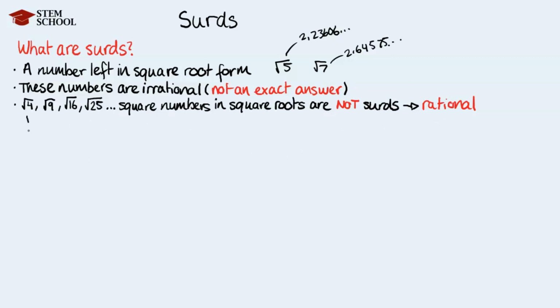So root 4 will become 2, root 9 will become 3, root 16 will be 4, root 25 would be 5. When it comes to the surds topic for the exam, you should always have the list of square numbers in your head: 2 squared, 3 squared, 4 squared, 5 squared, and so on.